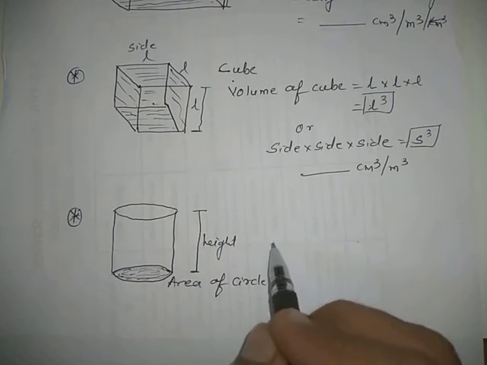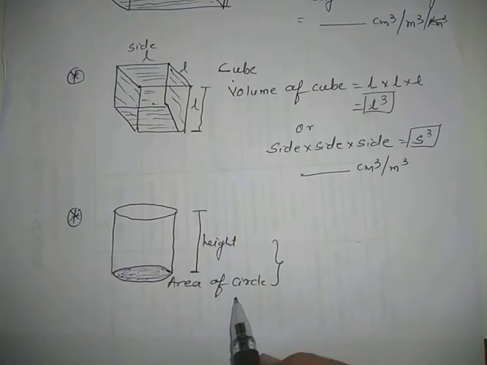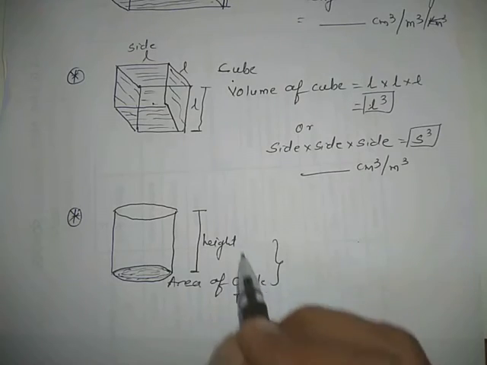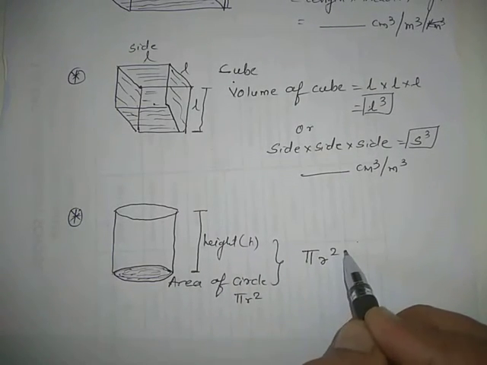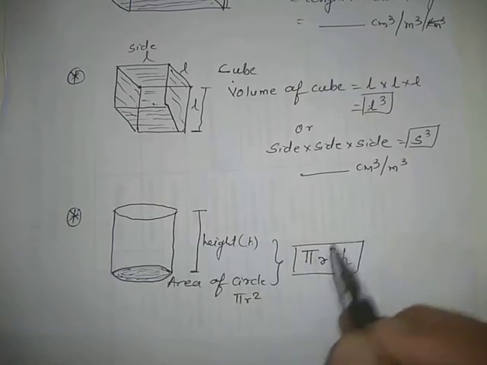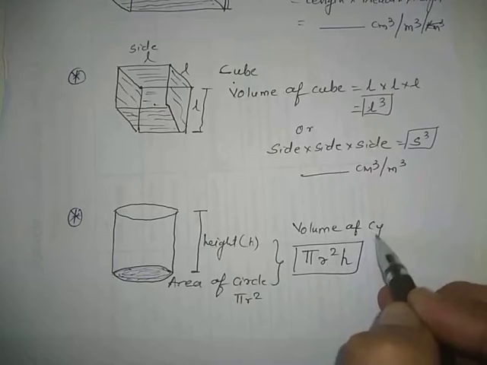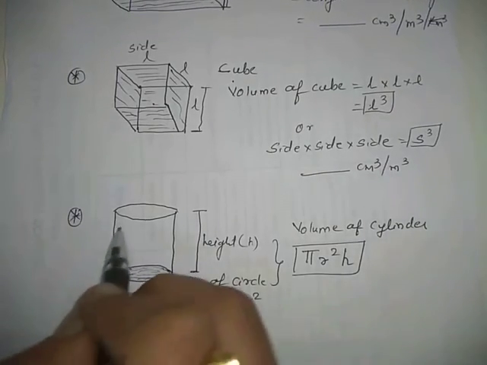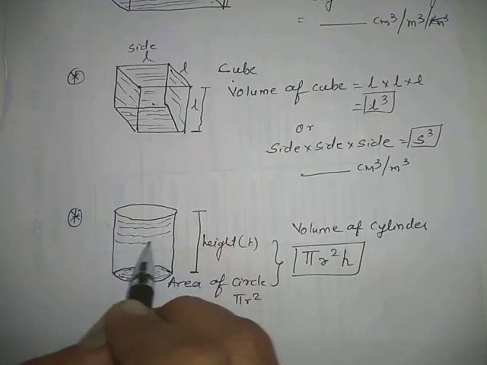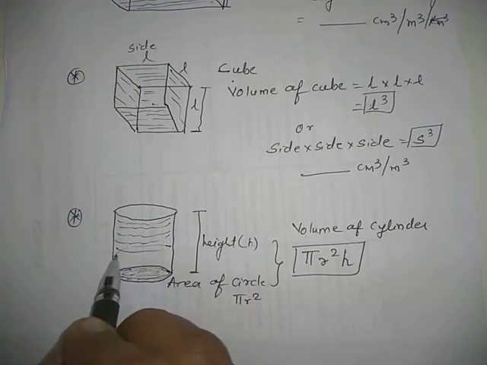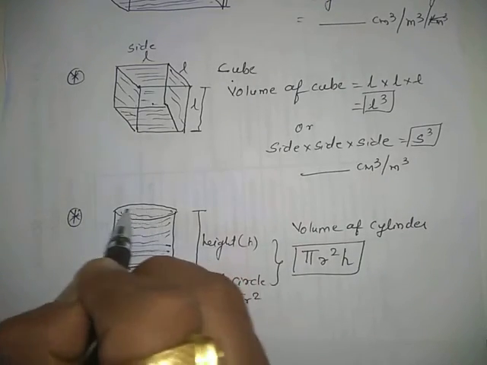Okay, so if we multiply both of these, area of circle, that is pi r square, multiplied by height. So pi r square h, this will be the volume of cylinder shape. So up till here the water will be covered, means till this much height, and in circular form, that will be area of circle.